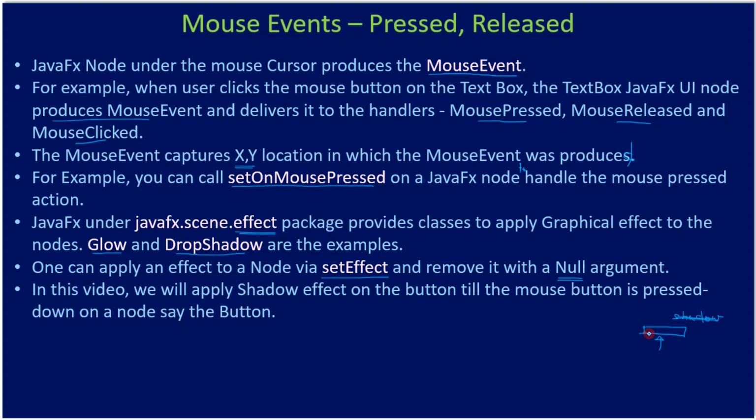When the user is doing a mouse click, it's a combination of press and release, right? So you will see a simple animation of a button dropping a shadow and going back to the original state. That means you can usually see the button is clicked with an appearance change.